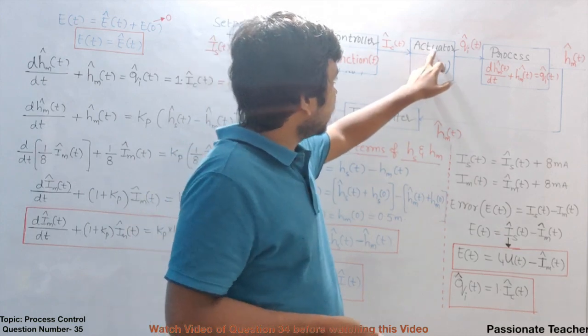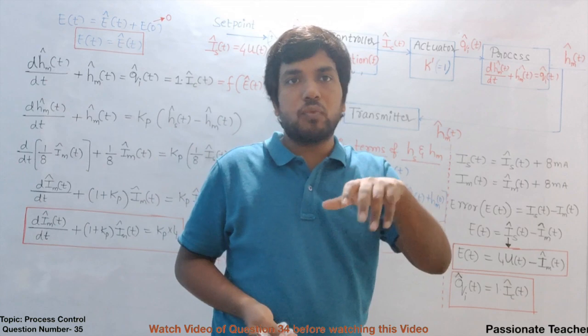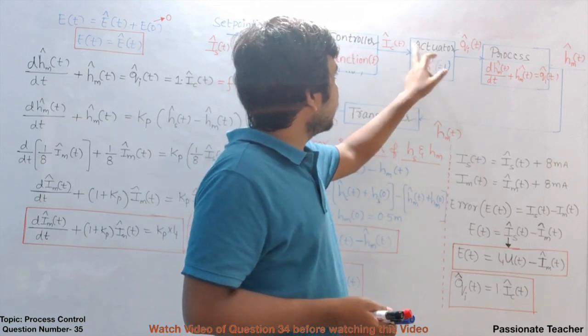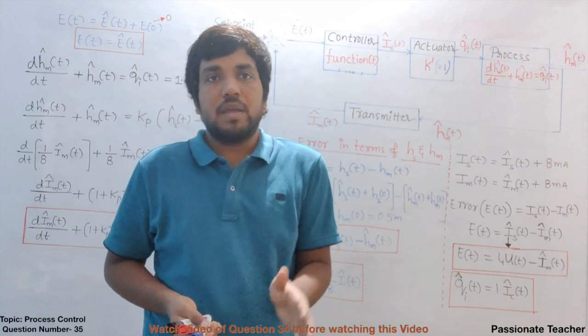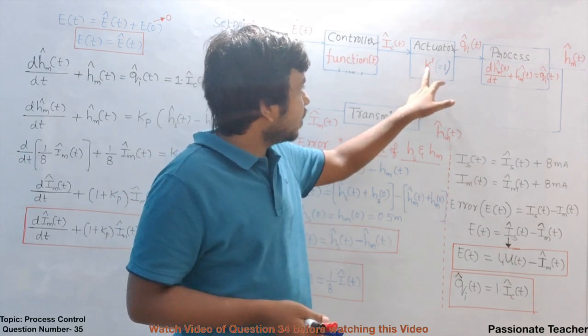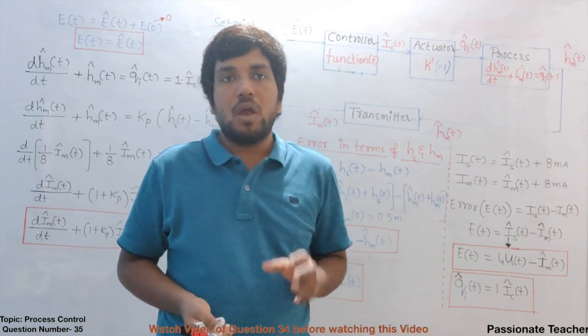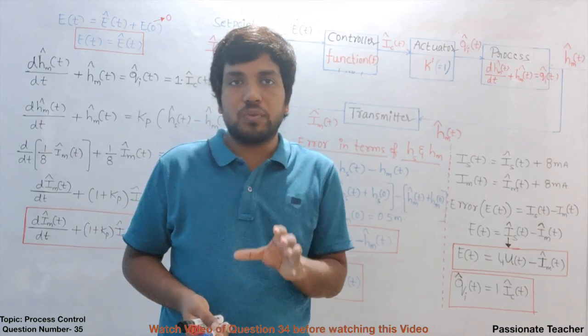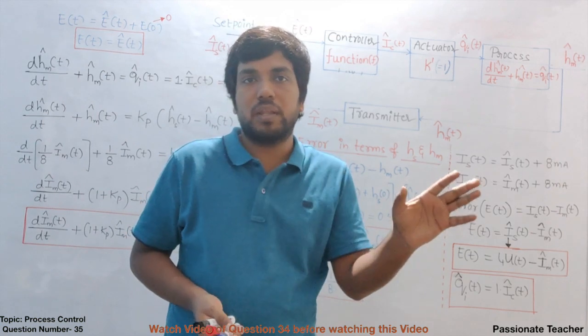Now when the actuator comes into the picture, it converts the current into a suitable fluid flow rate, because the actuator converts the electrical input into mechanical output. For easy understanding, I have intentionally taken the gain of the actuator equal to 1. And one more thing I would like to say: I presumed that every component we are using here is working linearly.